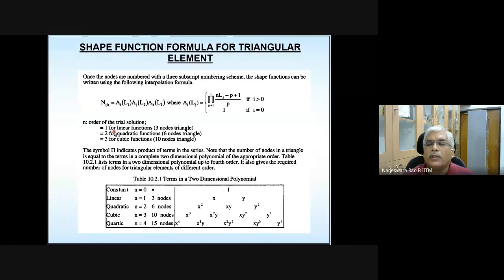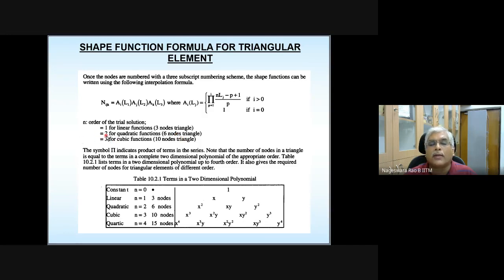And if you have 6 nodes, then you need to start with a polynomial trial solution having 6 coefficients: A0 plus A1x plus A2y plus A3x square plus A4xy plus A5y square. So the highest order polynomial that you can accommodate is second order.